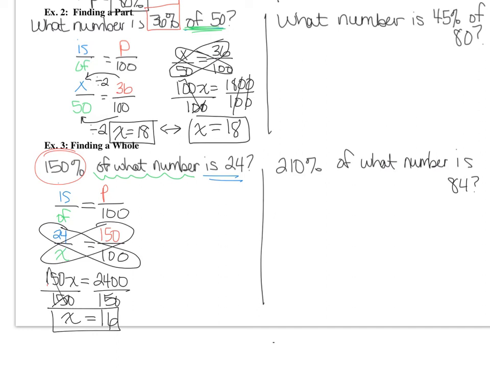And if I think about that ratio of part to whole, where my part is 24 and my whole is 16, if I take that fraction and I simplify it to the best of my ability, that would be 3 halves. Well, 3 halves is the same thing as 1 1/2, or 1.5, which when we convert to a percent is 150%. Since those two match up, I know that I got the right answer.